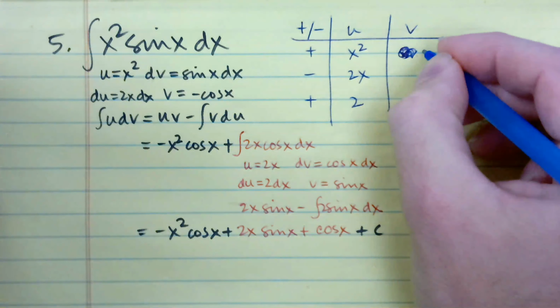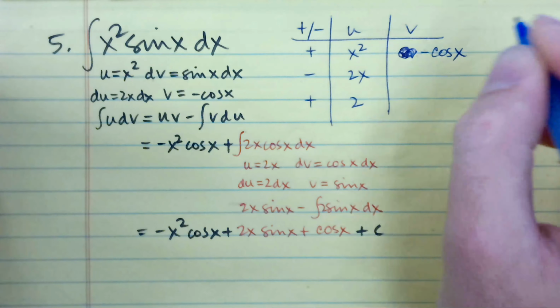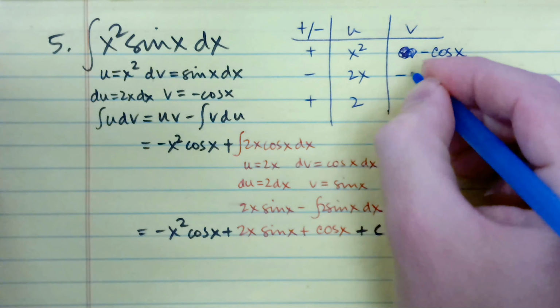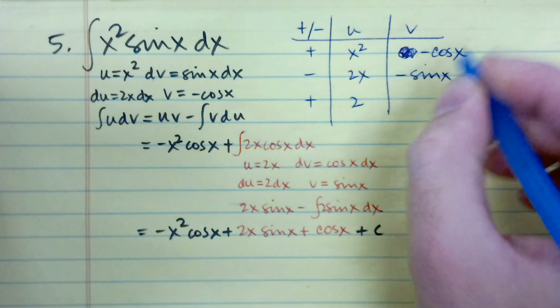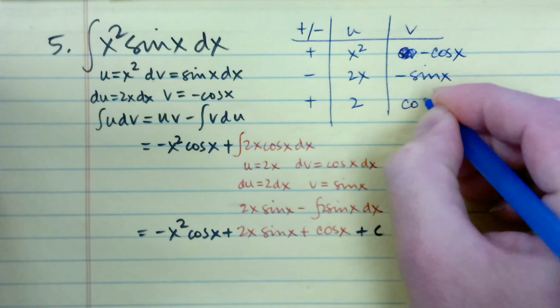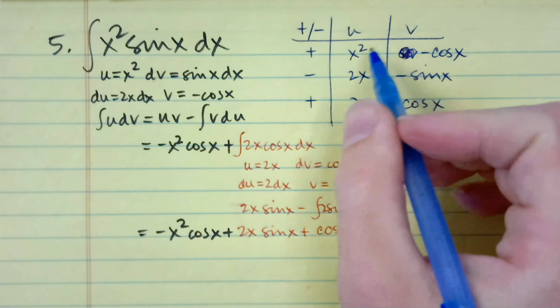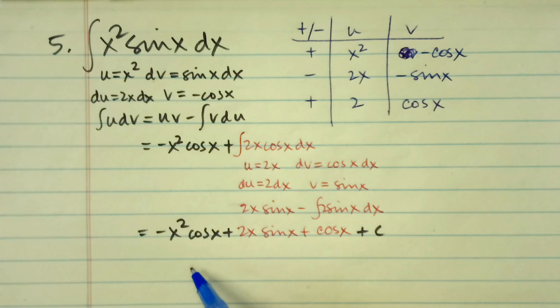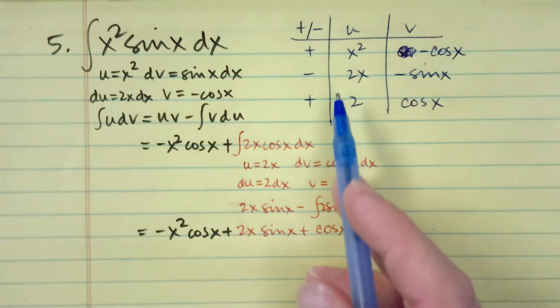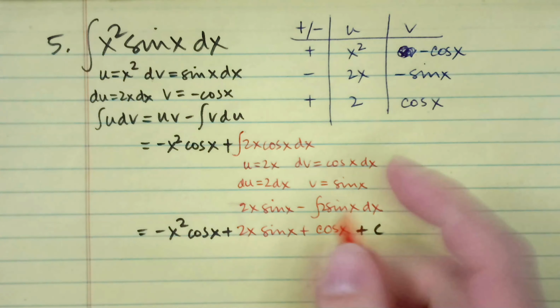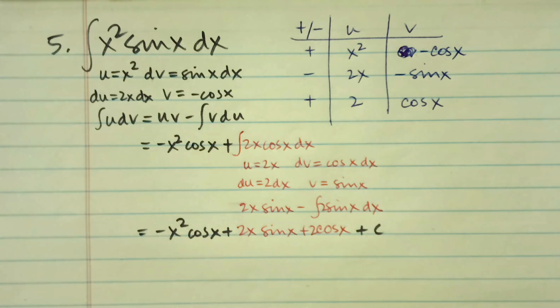Scratch through that. Negative cosine x, then the antiderivative of negative cosine would be negative sine, and then an antiderivative for that would be positive cosine x. And as I multiply across, I'm going to have negative x squared cosine x, okay, check, plus 2x sine x, yep, double negative, check, plus 2 cosine x, no, I neglected that 2 there, plus c, okay, I caught an error.